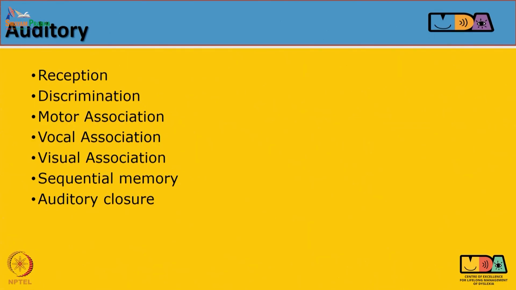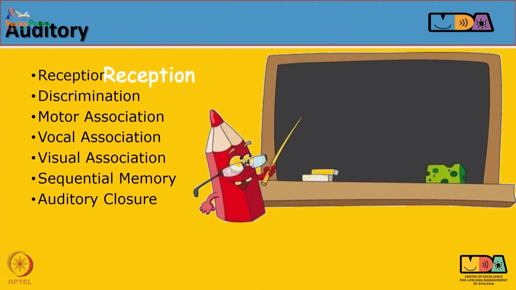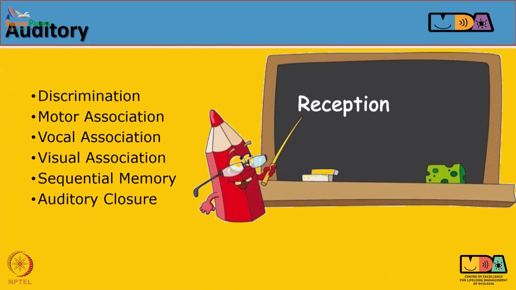The first in our list is auditory reception. What do we mean? Auditory reception is the ability to receive sounds and inputs that have been given to the child verbally or orally. He needs to hear what we are saying.